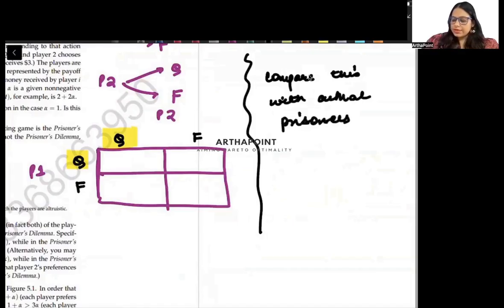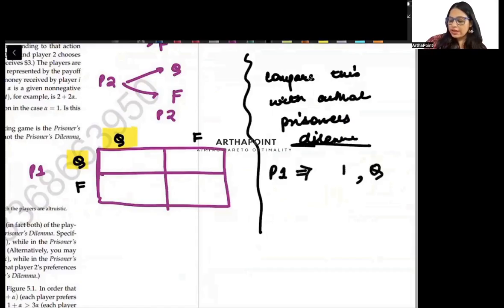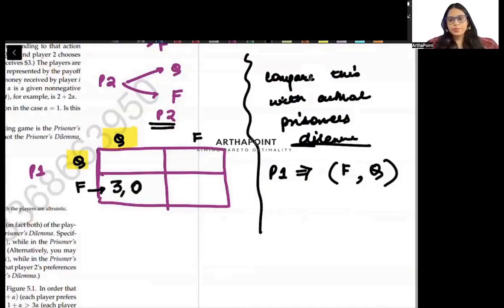with the actual prisoner's dilemma game. In the actual prisoner's dilemma game, what was best for player 1 was that the other player keeps quiet and he says something against the other player. Then he was getting 3 and the other player was getting 0.